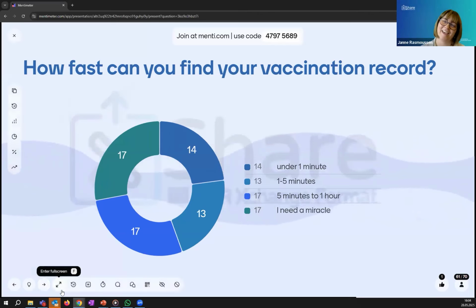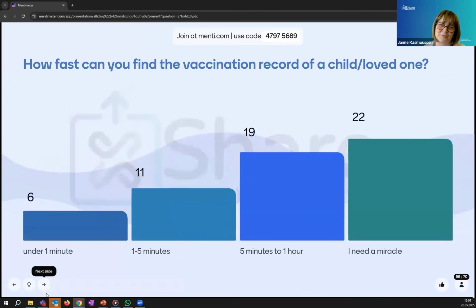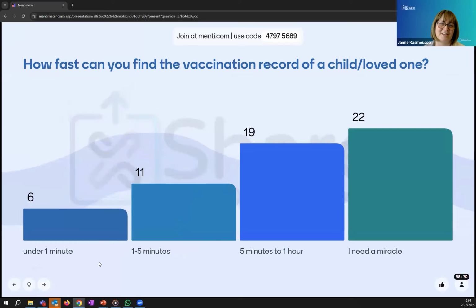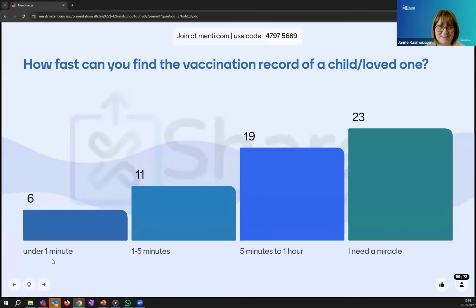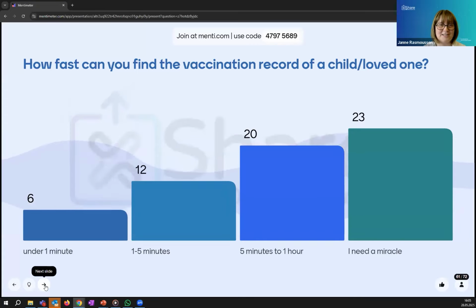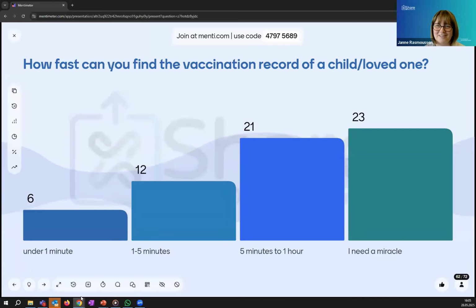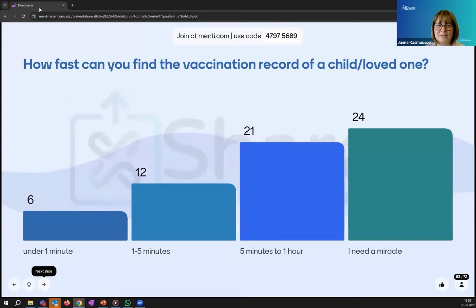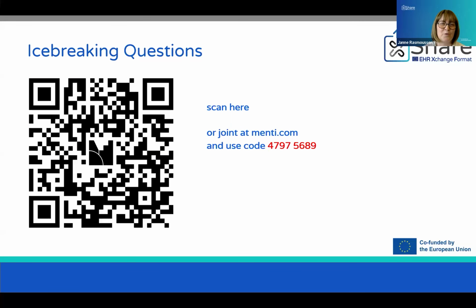Quite a nice division here: some definitely have very easy access to it, while others are still dreaming, I see. That's great. Thank you very much, everybody. There are actually 6 in under a minute. That's well done. 5 minutes to 1 hour. Okay. Well, there's still work to be done out there, that's for sure, even though there are those who already have excellent systems. That's great. Thank you, everybody.